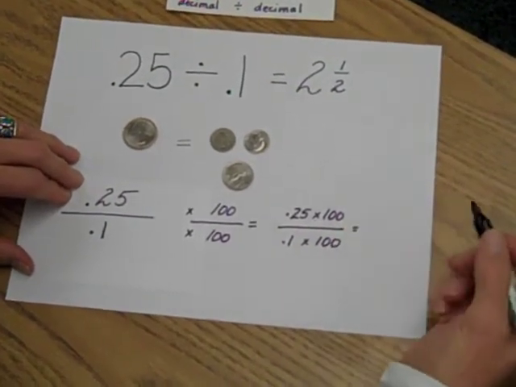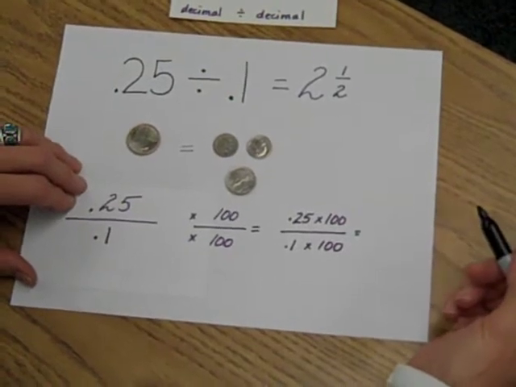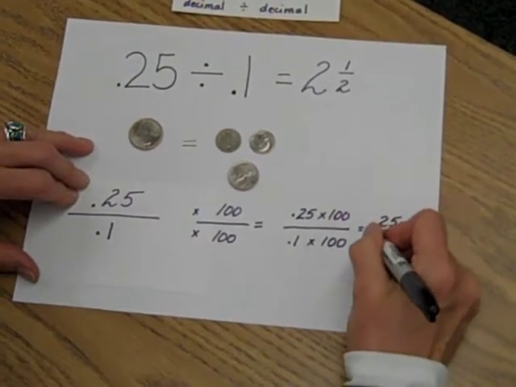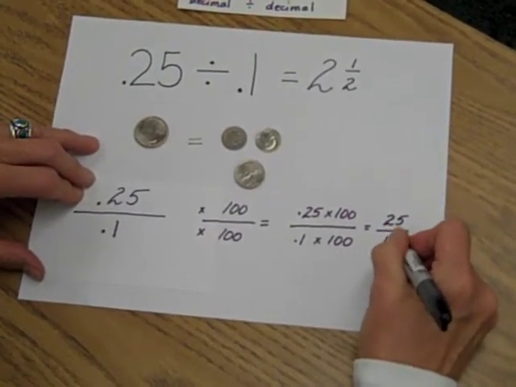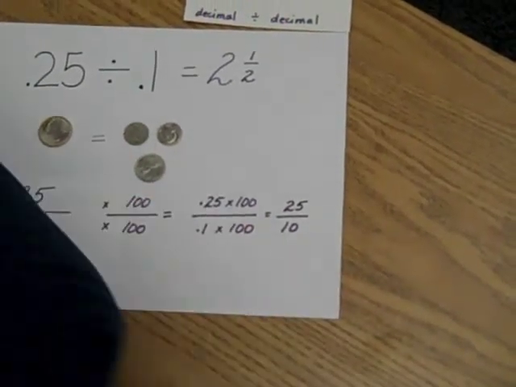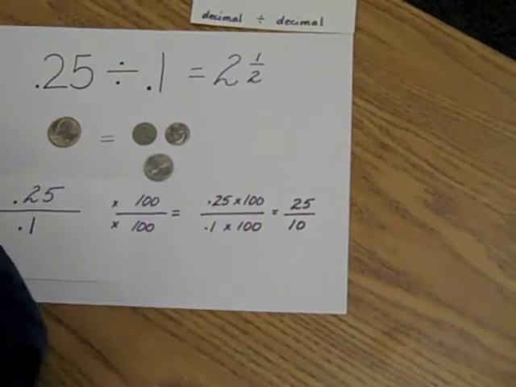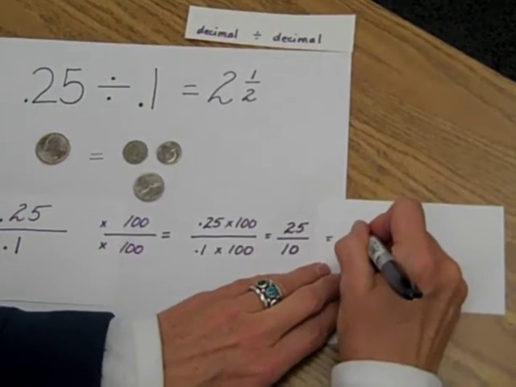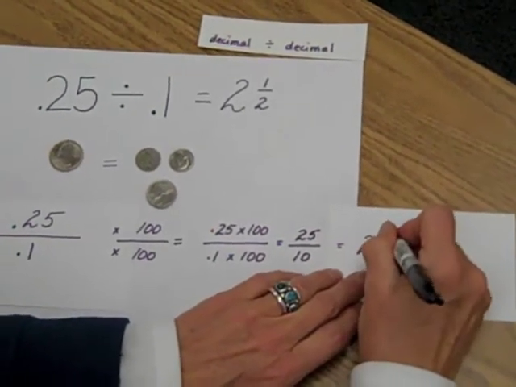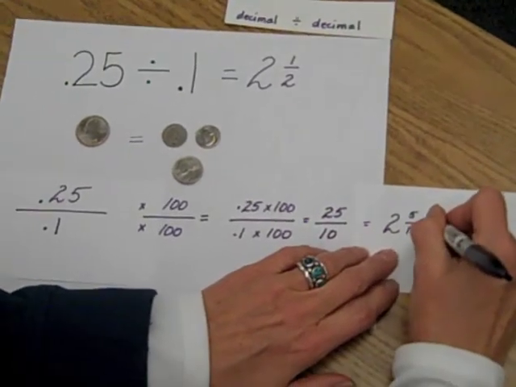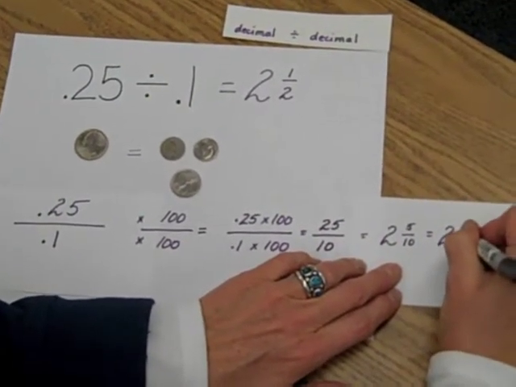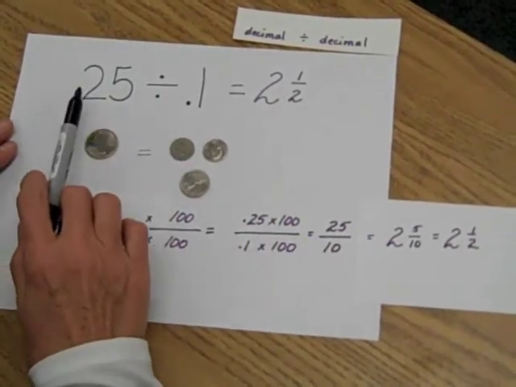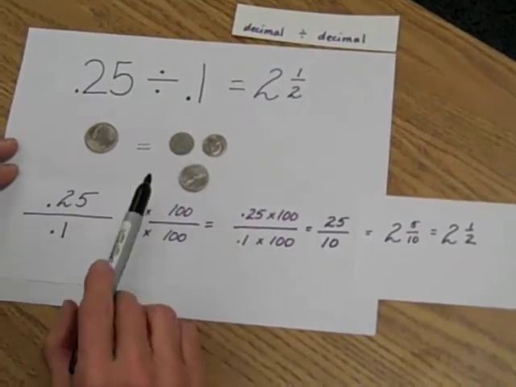When you multiply by 100, you're moving the decimal point 2 places to the right. So we get 25 divided by 10, which equals 2 tens, and 5 tenths left over. That can be renamed 2 and 1/2. So how many dimes, or 1/10ths, are in 25 hundredths? There are 2 dimes and 1/2 of a dime.